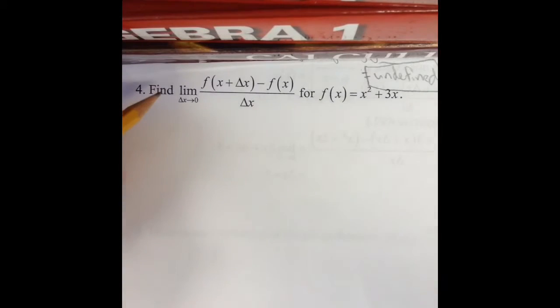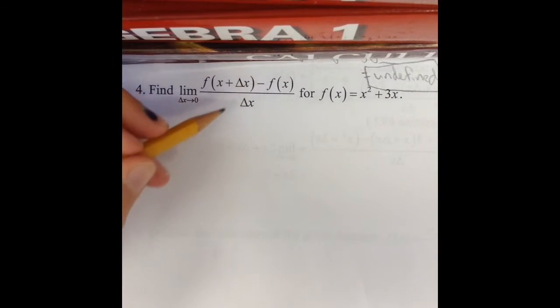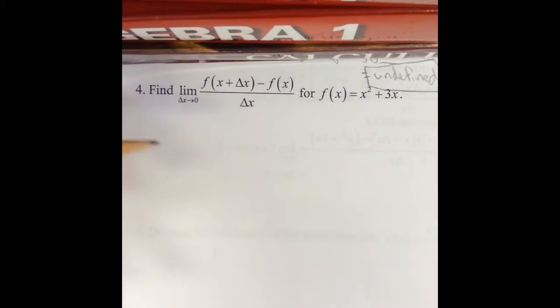Alright, so we're finding the limit of f of x plus delta x minus f of x over delta x for our function x squared plus 3x as delta x goes towards 0. So let's plug in all of our numbers here.